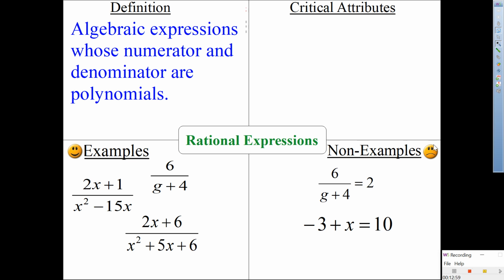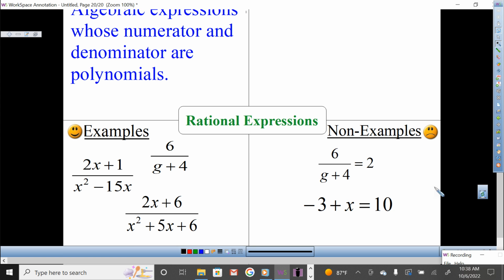Let's get a couple of hashtags in here. What makes a rational expression a rational expression? Hashtag what? If somebody walked in right now and they saw these three, what would they say they are? Fractions, yes.